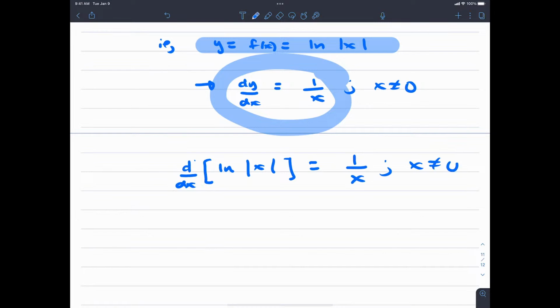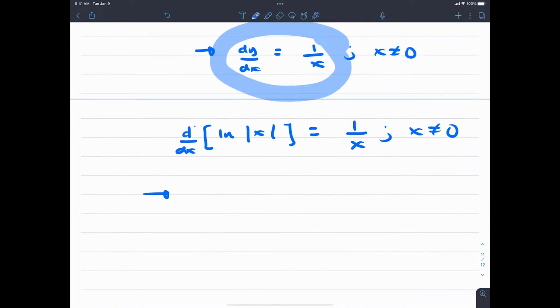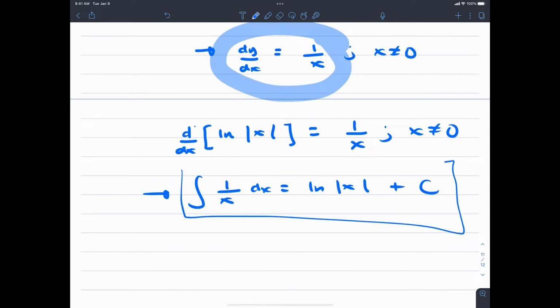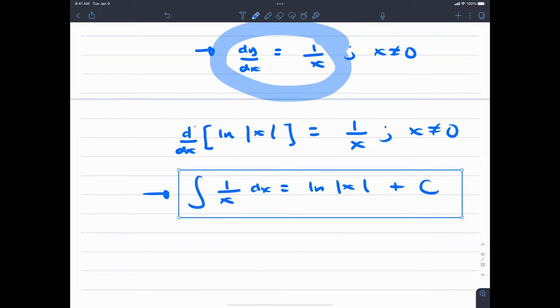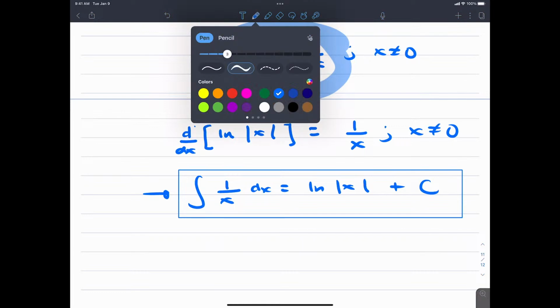X is not 0. Now, that implies that if I integrate 1 over x dx, it's natural log absolute value of x plus c. Okay? So that's why I had to go through this function with the absolute values, because we have a more complete integral formula.